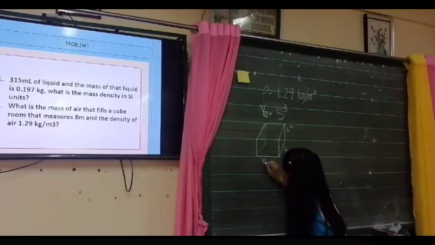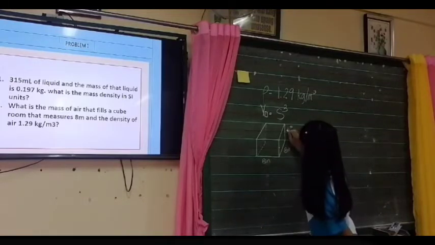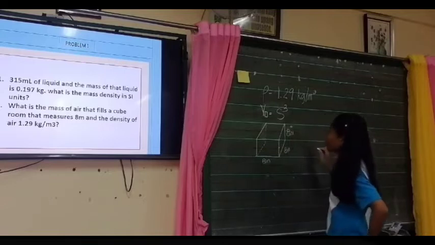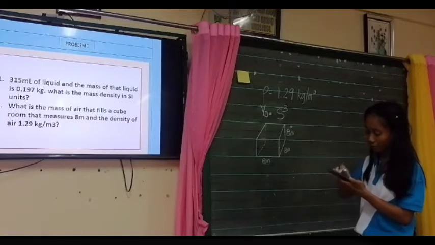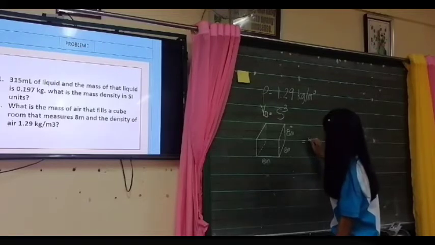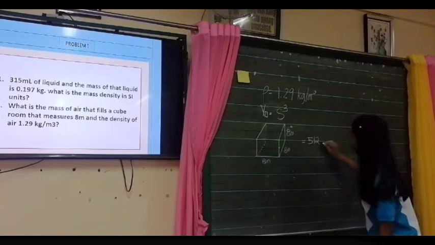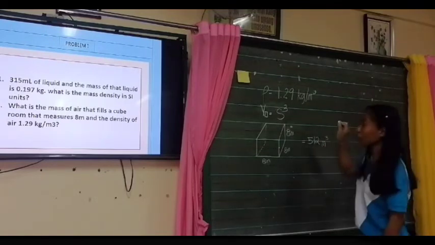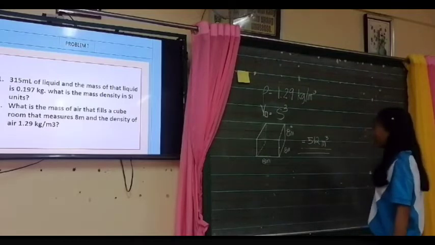So, 8 meters. So, 8 times 8 times 8 we have 512, tatlong M, so cubic meter. So ang volume ng cube is 512 cubic meter.